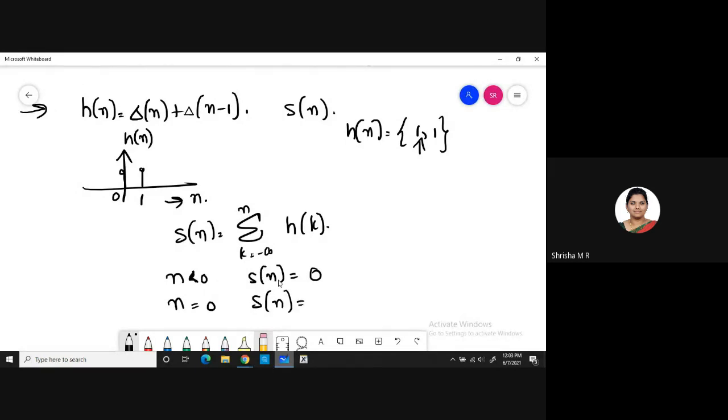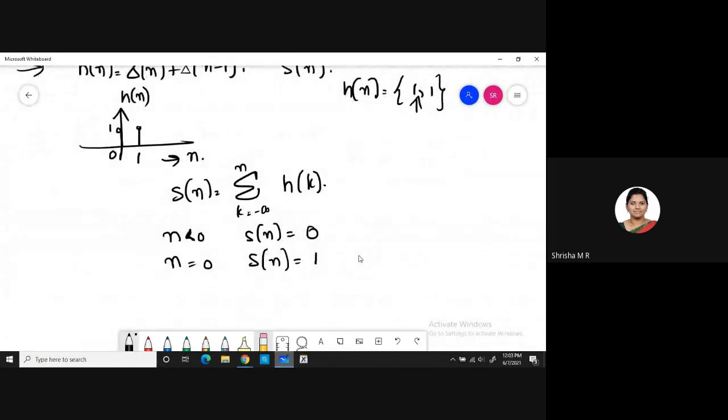It is equal to 1. Right? Are you guys following? For n greater than or equal to 1, what is s of n? It is equal to 1 plus 1, which is equal to 2, right? So that is all this problem.